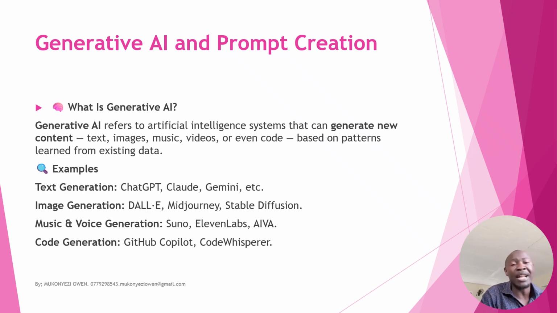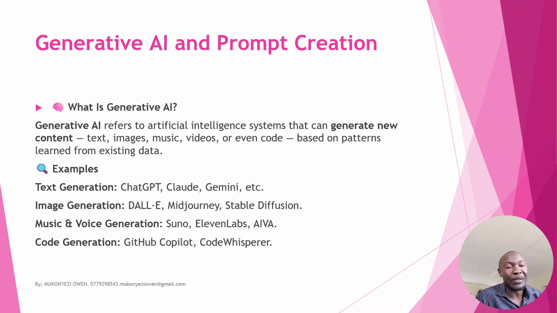This refers to artificial intelligence systems that can generate new content, text, images, video, music, or even code, based on the patterns learned from existing data. So it is based on the existing data sets, and it comes up with new products.